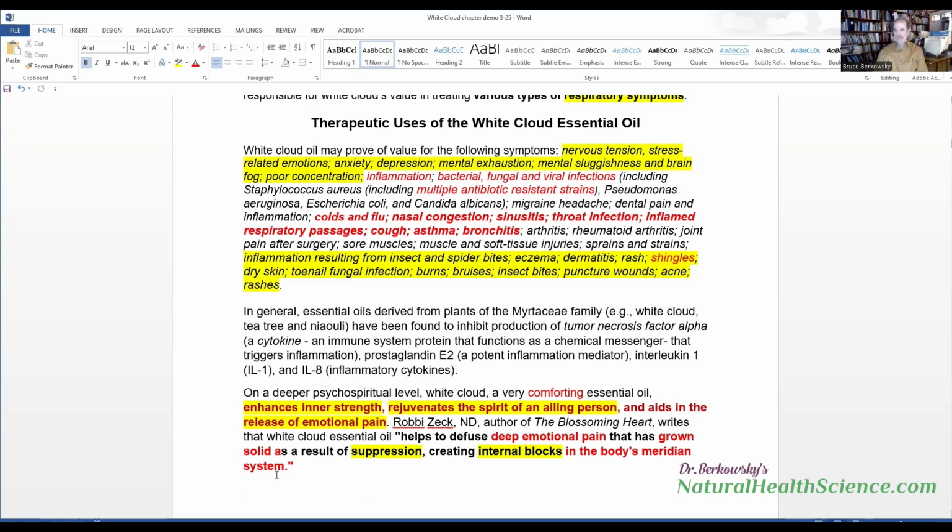We're combining all that together, and we're beginning to understand who is white cloud. Who is white cloud essential oil? And by knowing that, you'll know who at least to some extent on an archetypal level is a white cloud individual.